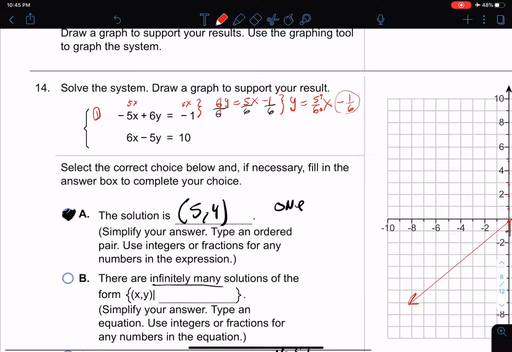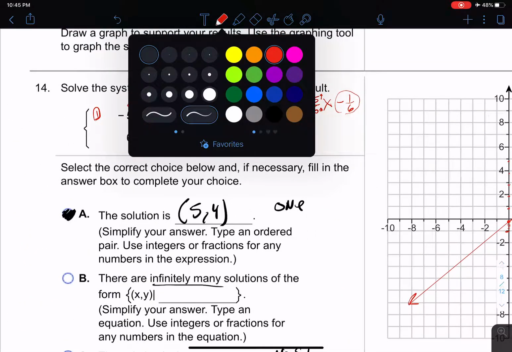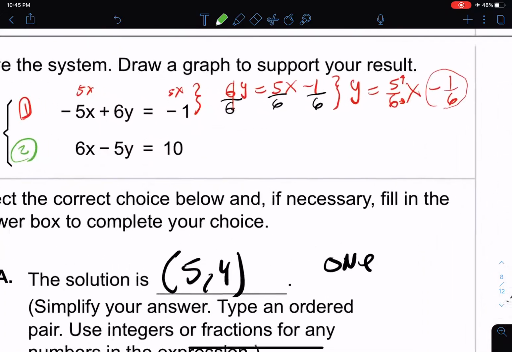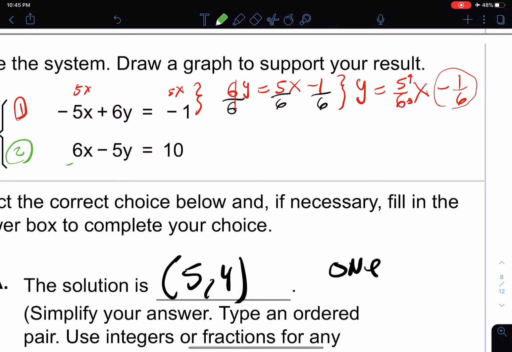The second equation. Remember, when you're graphing systems of equations, what's the solution? Well, it's the point where they both cross. Equation number 2, solve for y. We subtract 6x from both sides. Well, this one, they're nice to us again because negative 5y equals negative 6x plus 10.